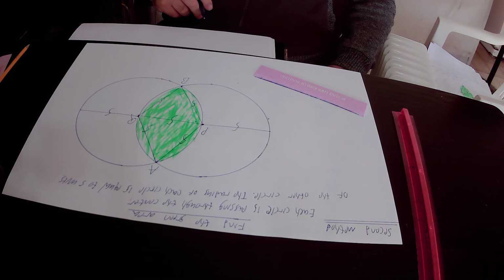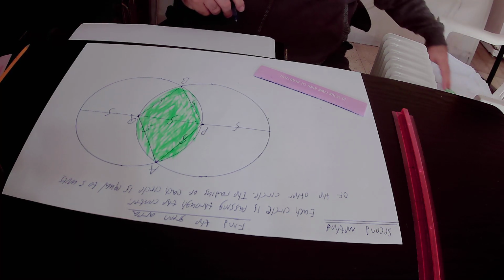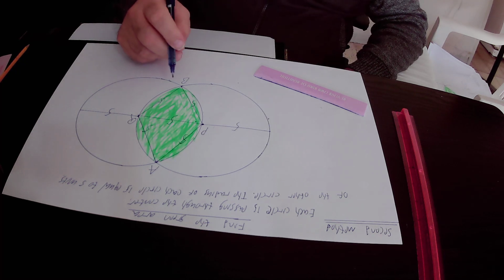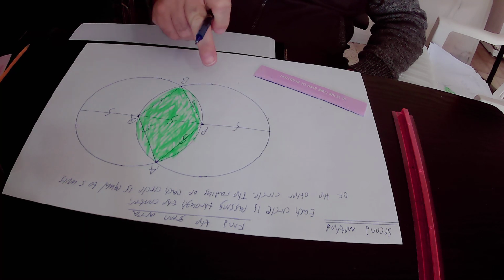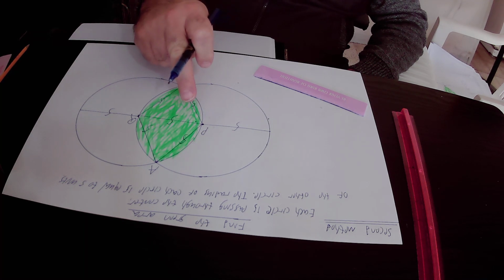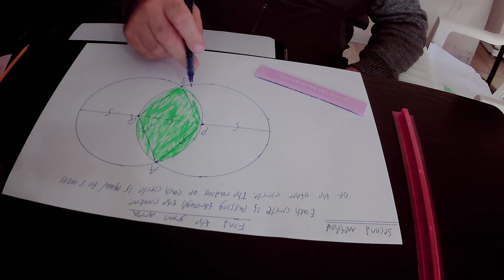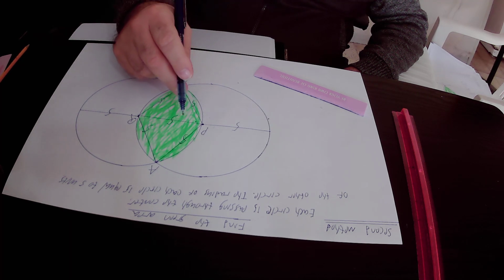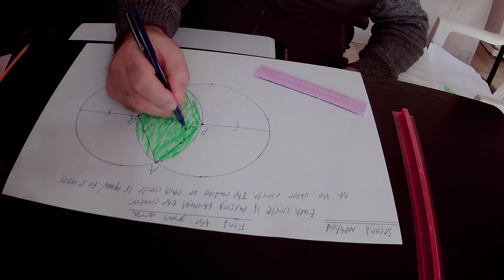So we have here two equilateral triangles. Triangle APQ is an equilateral triangle because all of its sides are equal to each other, 5 units, and all the angles inside an equilateral triangle are equal to 60 degrees.